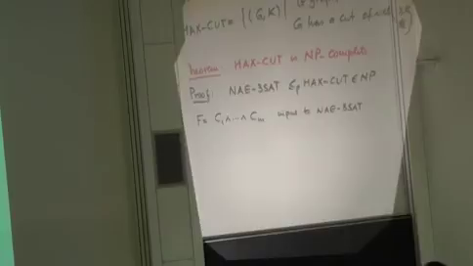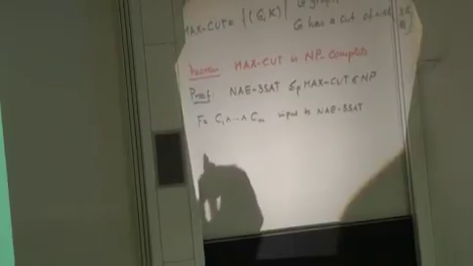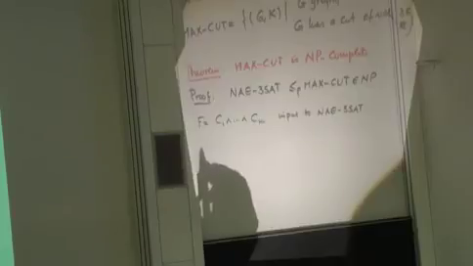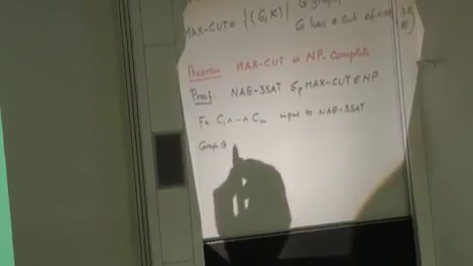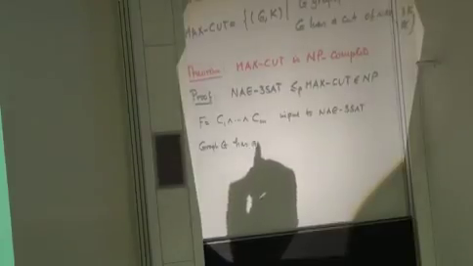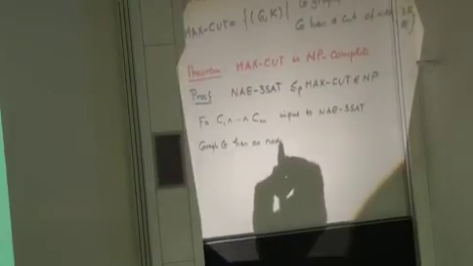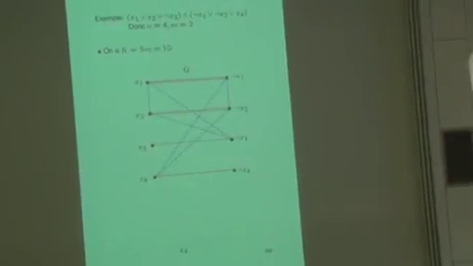Okay. So what we're going to do is, the graph G has as nodes the variables x1 through xn and the negations x1 bar through xn bar.